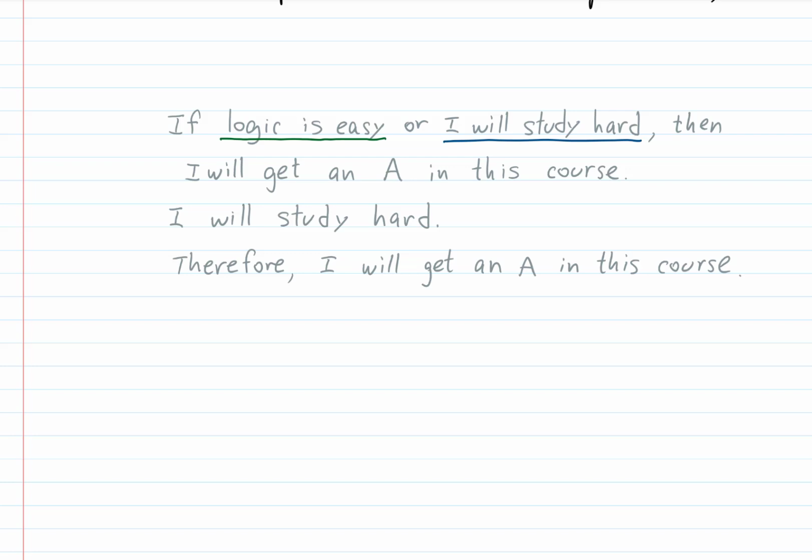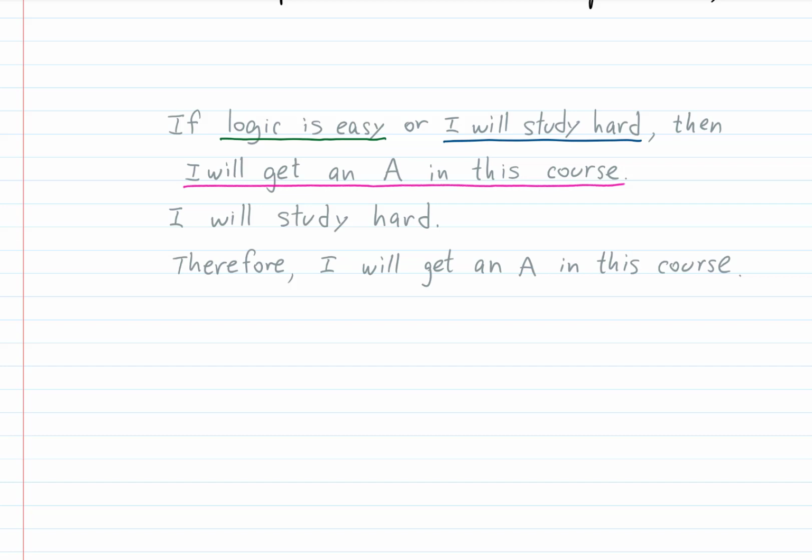So here's another statement that I see: I will get an A in this course. Either you will or you won't. That's either true or it's false. So you see that first statement is actually made up by connecting three statements together. So that is what's called a compound statement.